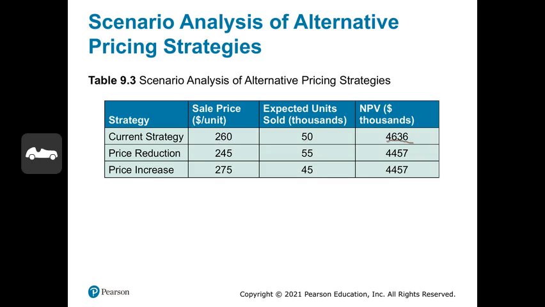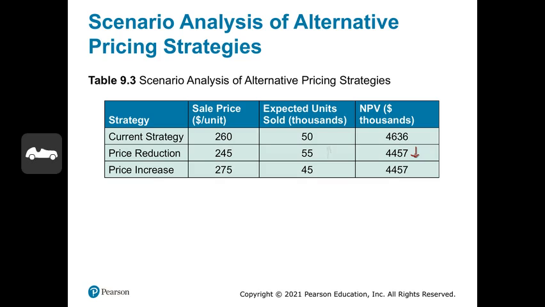Sales price comes down. Well, what do we know about supply and demand? If the price comes down, usually that's going to increase demand. What does that do? We've put all of that into that Excel spreadsheet. How does it affect the net present value? Well, in this case, not good, right? Our net present value comes down.